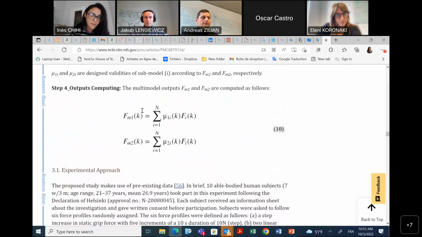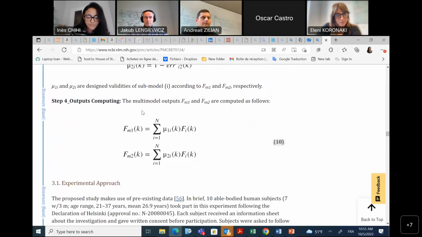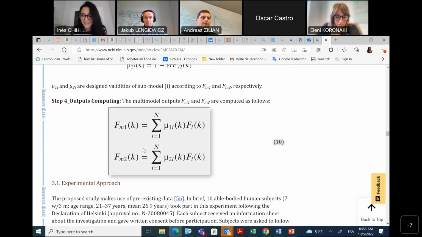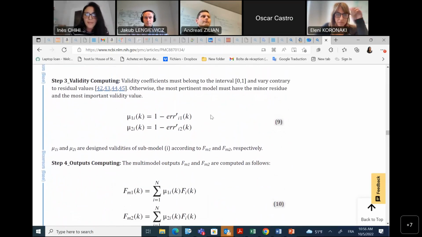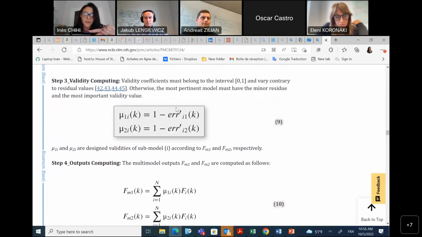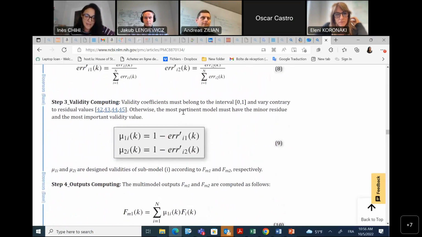So I will start with the final equation. Here, for example, the muscle force is the sum of a parameter mu multiplied by the Fi of each model. And this parameter mu is the inverse of this error. And what is this error?